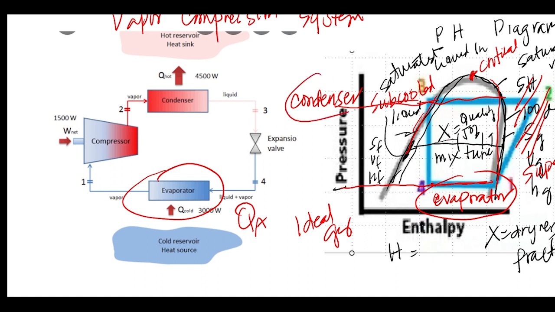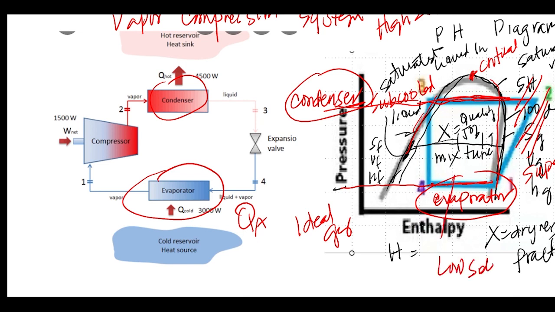This one is the condenser, so this line is the condenser. As you can see, the pressure is high, therefore the temperature is high also. We call this side the high side of the refrigeration system, and this is the low side.